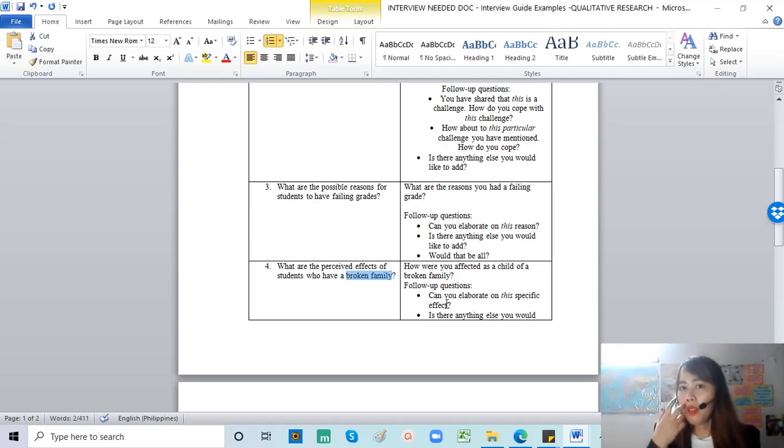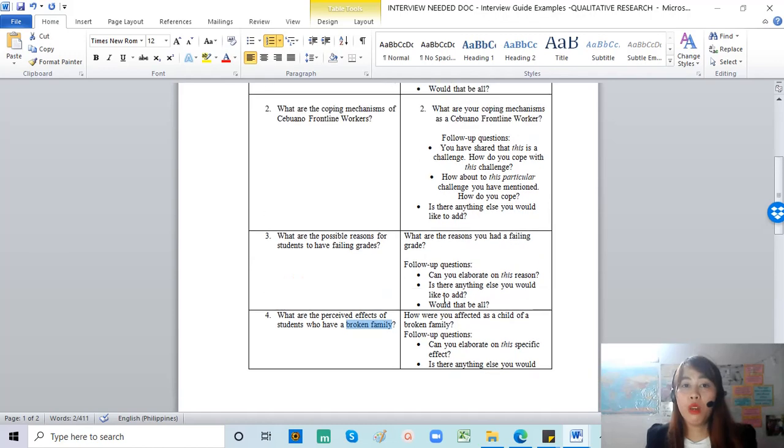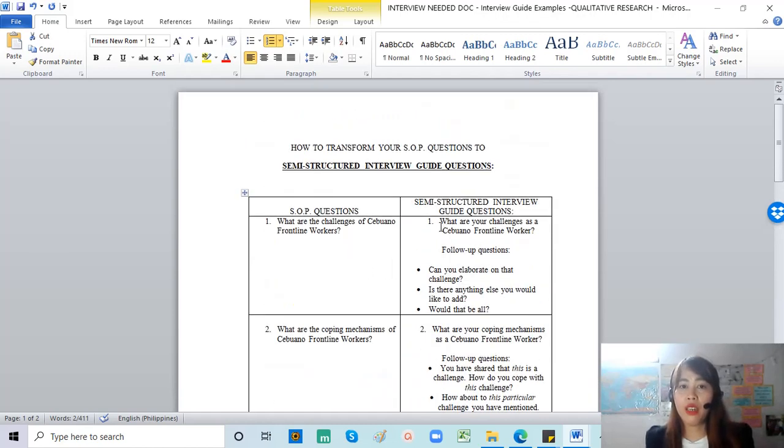Then it can reach 20 or 30 minutes. Some respondents give short answers, so you as the researcher are challenged to really have follow-up questions to gather and answer your SOP questions. So, I hope that was clear. Again, your skill in interviewing, researchers, please work on that.